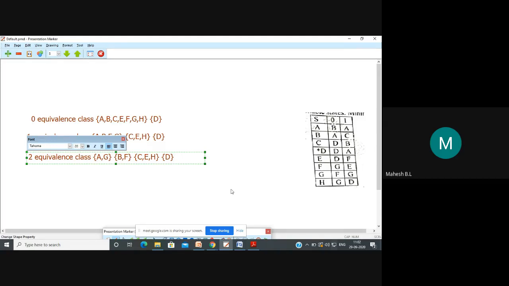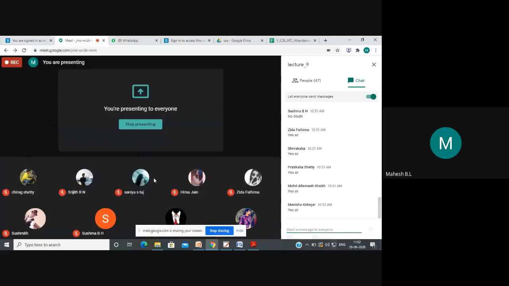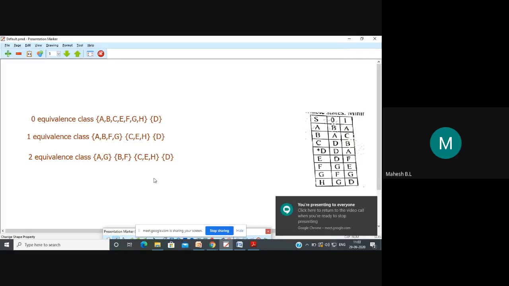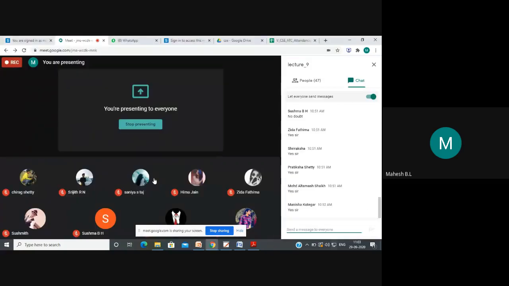You cannot partition them, so as of now B and F are in the same class. Next, C, E, H. Can you partition them? Are you following this? Any doubts till here?